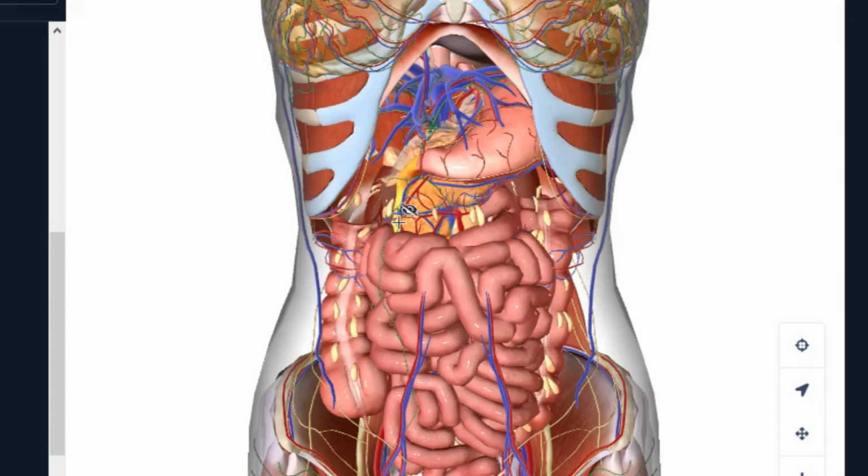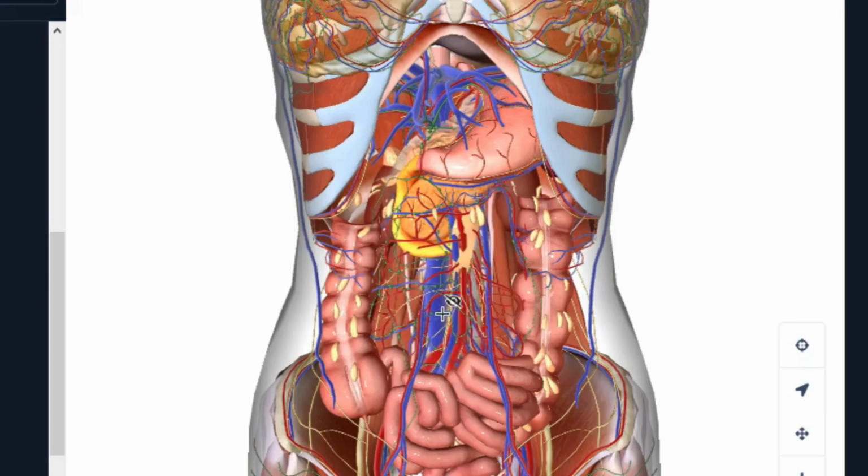While approaching the second part, the anterior relations are, first, part of the liver, then the transverse colon and some coils of small intestine, that is jejunal loops. We have loops of small intestine in the lower part of the second part of the duodenum. These are the relations of the second part of the duodenum.